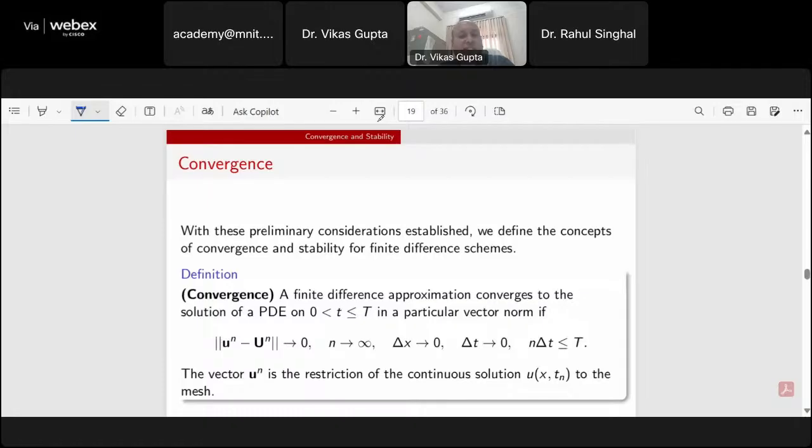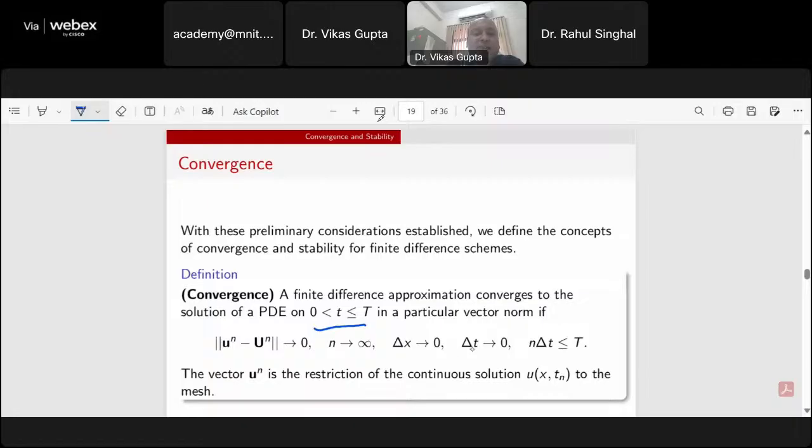So we can say that a finite difference approximation converges to the solution of the PDE on some finite time domain 0 to capital T, where T is the final time, in a particular vector norm if norm of u minus Un approaches 0, that is, the difference between the continuous solution and the difference solution vector at any time level approaches zero in some particular vector norm as n tending to infinity, delta x approaches zero, delta t approaches zero.